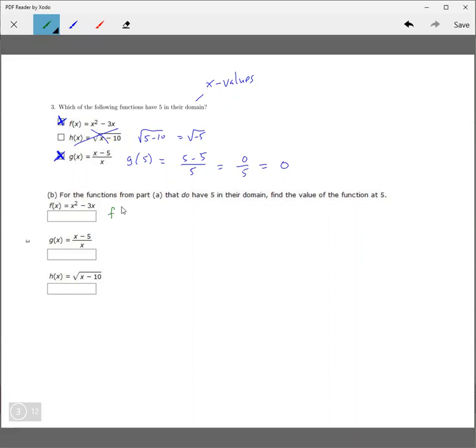So here, they want us to calculate f of 5. That x already replaces a 5, so we'll replace these x's with 5s in parentheses. So that's 25 minus 15, which is 10. So that answer is 10.